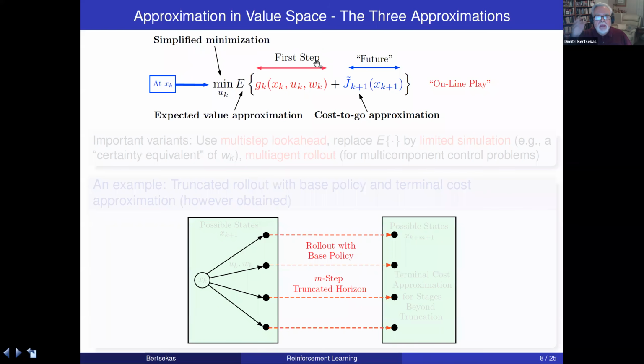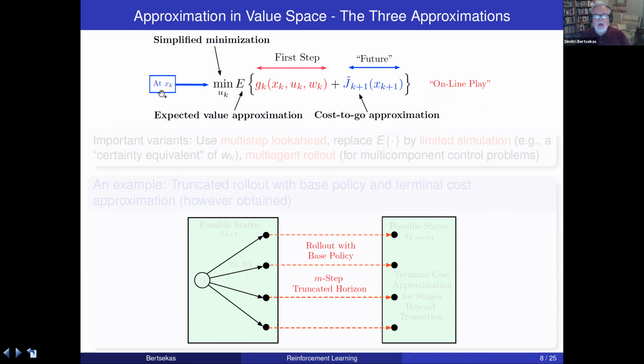So here's a schematic illustration of approximation in value space. And I want you to remember this figure. We're going to see it again and again. It's a very important figure for our class. It illustrates how this online play operates at stage k online.